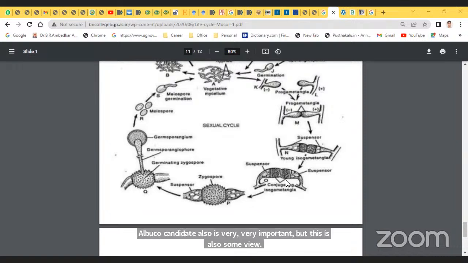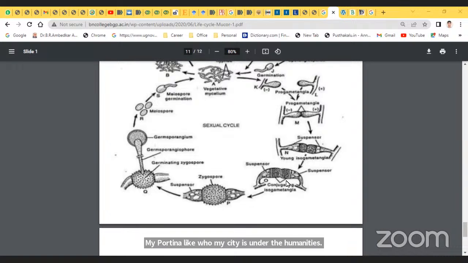Under Mastigomycotina, Albugo, Rhizopus and Mucor are the members, and under Ascomycotina the example is Saccharomyces. Just find out and cross-check with this list also: Saccharomyces, Penicillium. Are these available in your book or not?